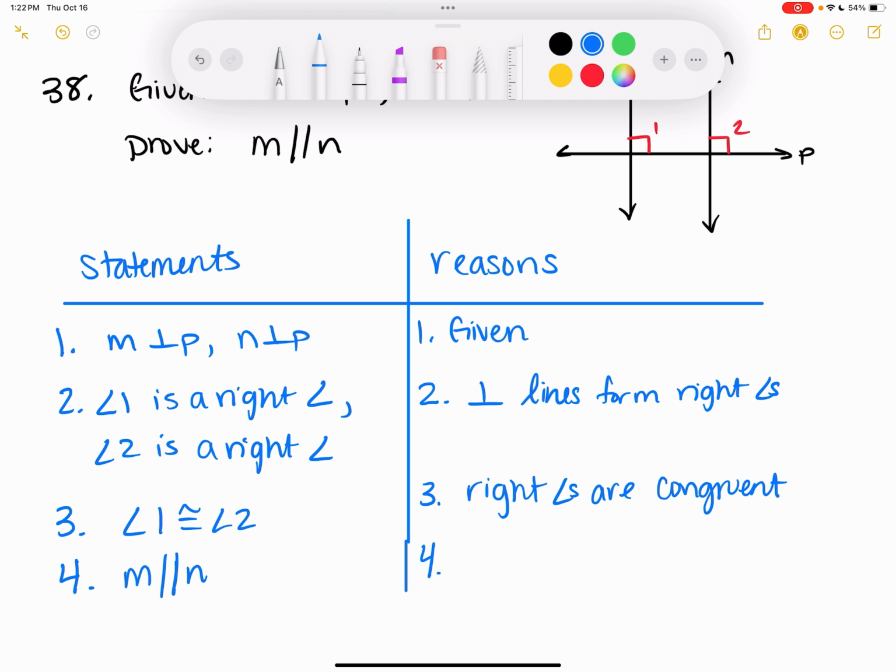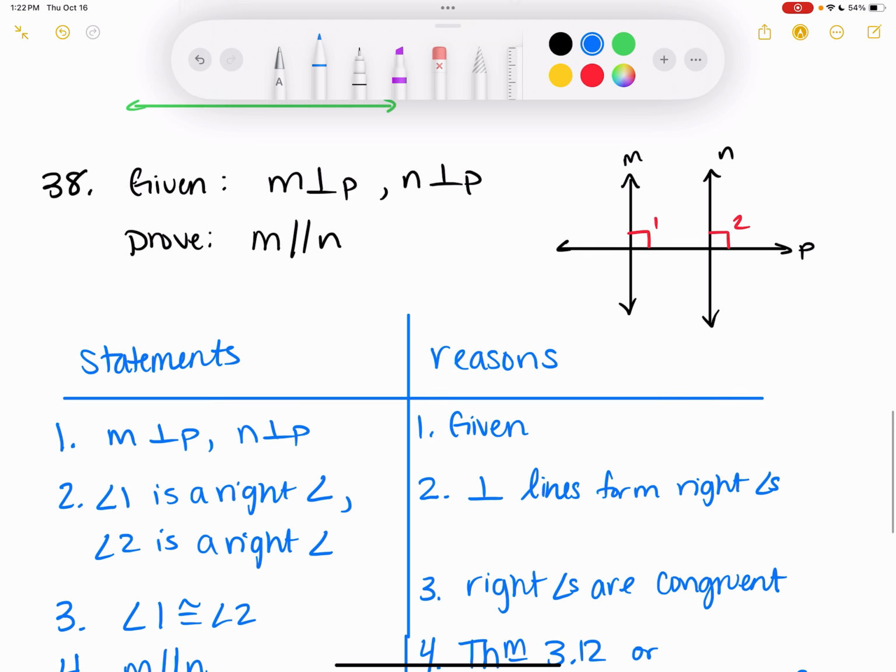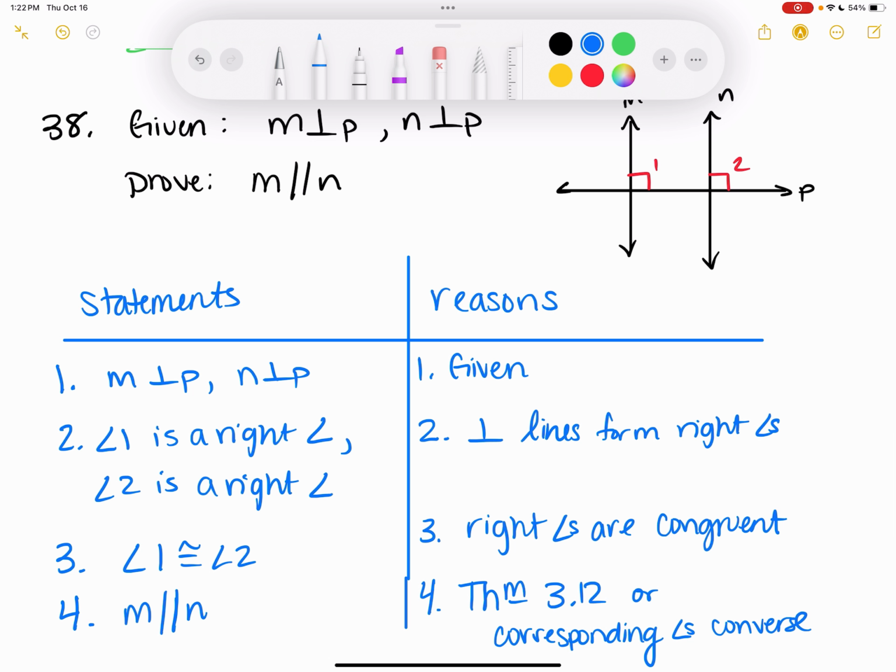Yeah, that's fine. The other one that I thought of, the reason I went back to look, is these are also corresponding angles. So corresponding angles converse would also work here. So either of those would be fine, and an acceptable answer for that.